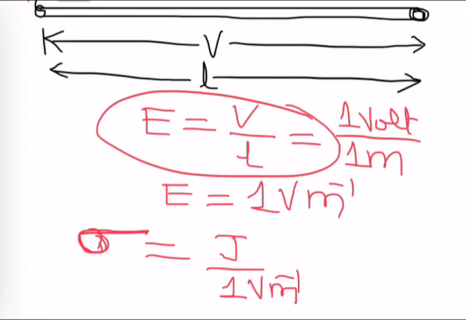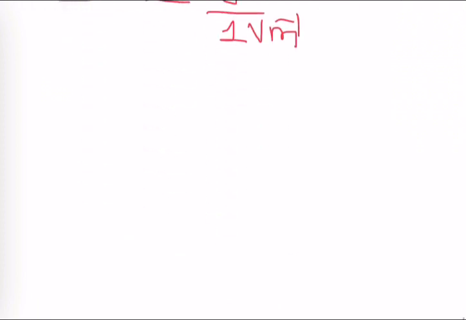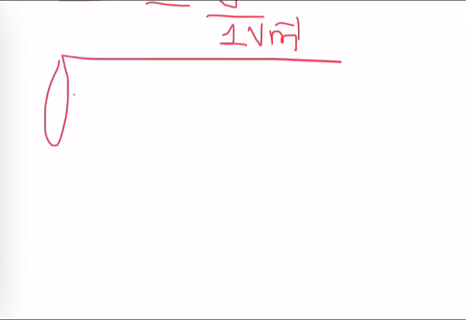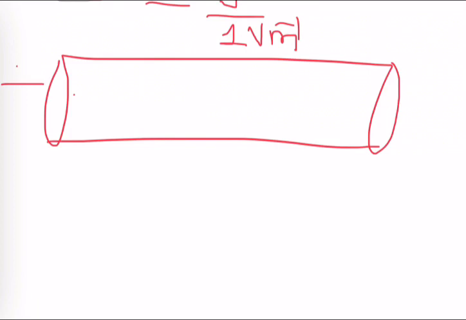Now let's learn another technical term called relaxation time of the electrons in a conducting metal. Take a metal with one end connected to the positive terminal and the other to the negative terminal.